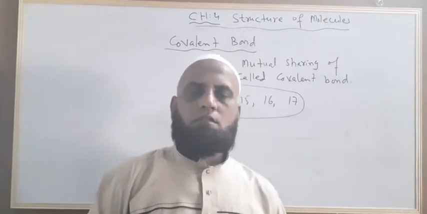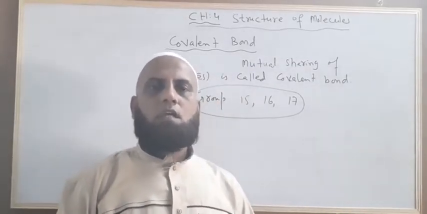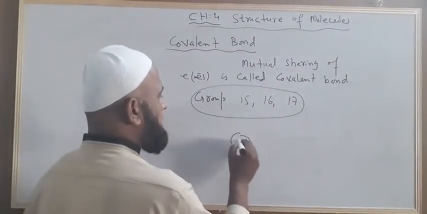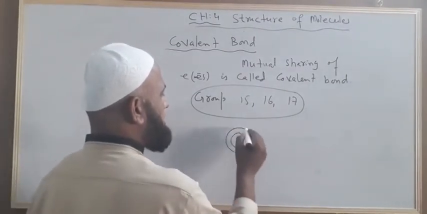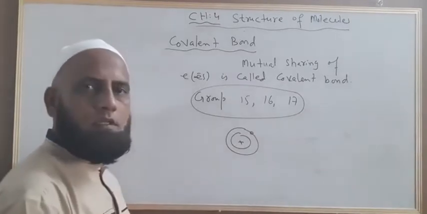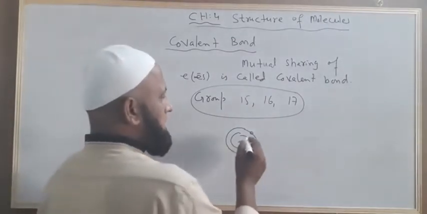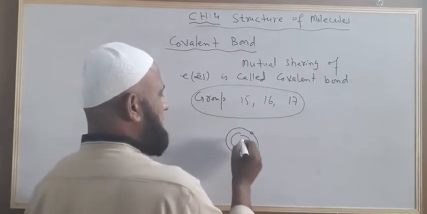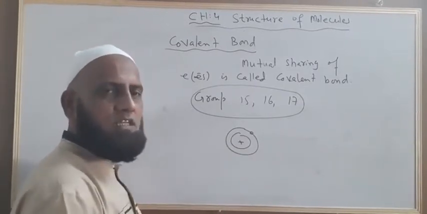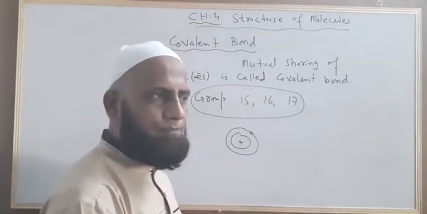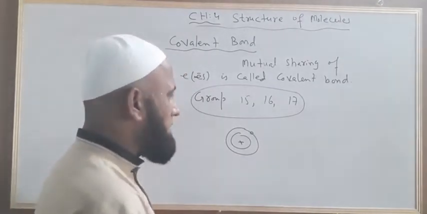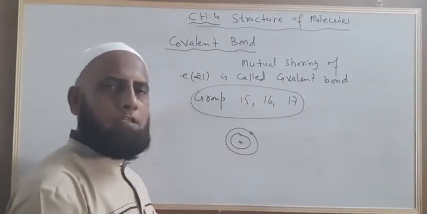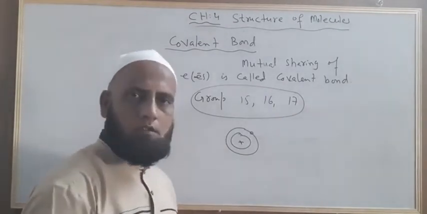So dear students, you know that in an atom there is a proton and electron. In the nucleus there is a proton with positive charge, and in the outermost shell, the area surrounding the nucleus, there are electrons.